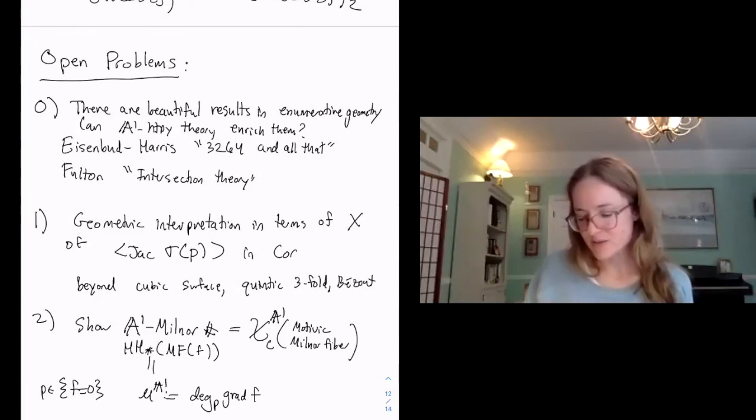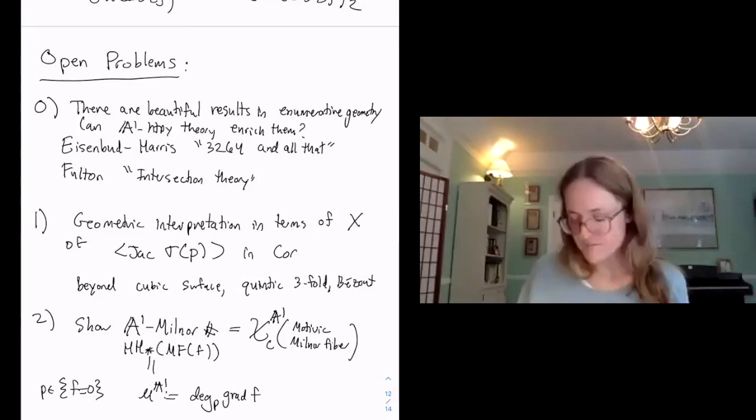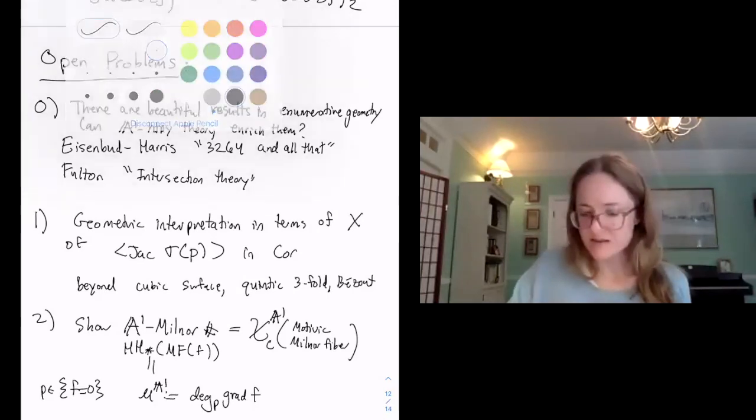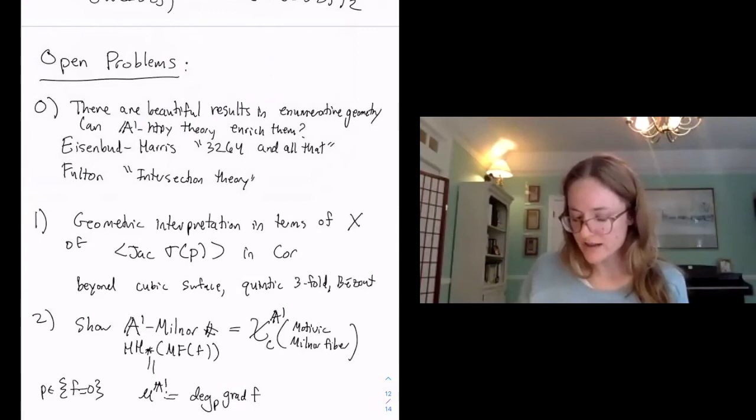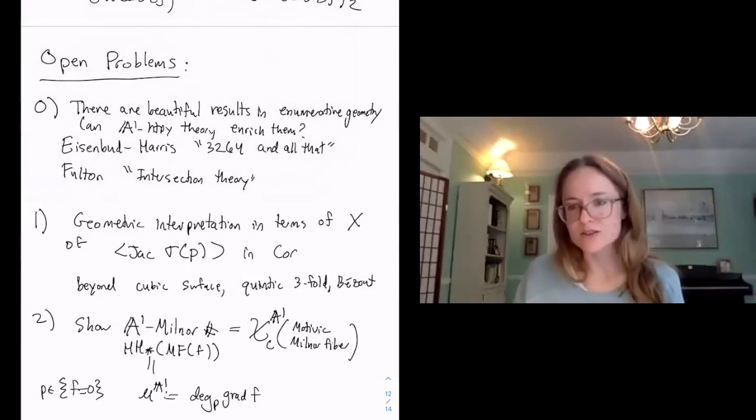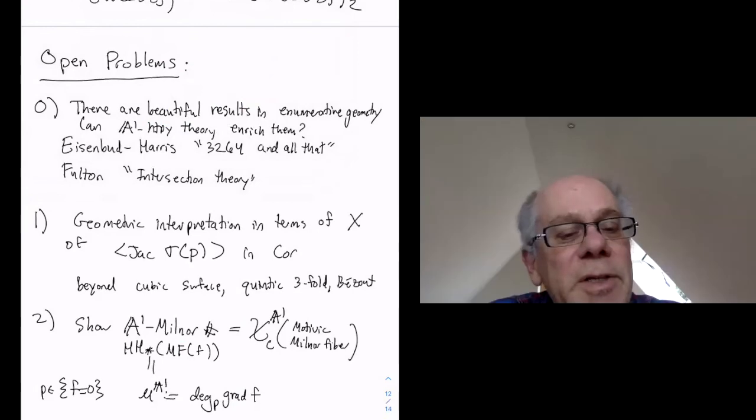Explicitly, Marco told us that this was the Jacobian ring. This local degree can be computed as the Jacobian ring, and the pairing on Hochschild homology is the same. So we get this equality here. So this one wouldn't be part of the problem, and then this one I think is open. What pairing is there on Hochschild homology?